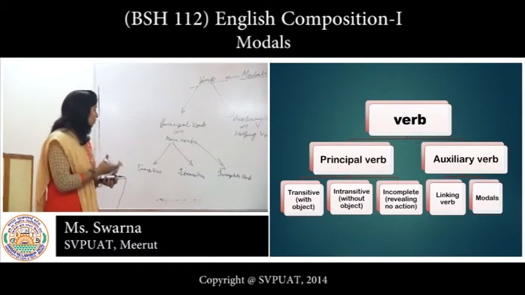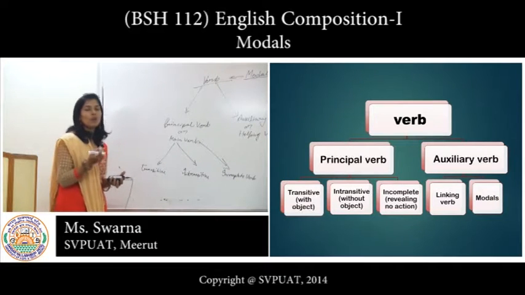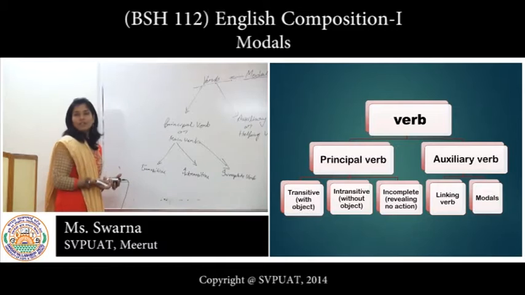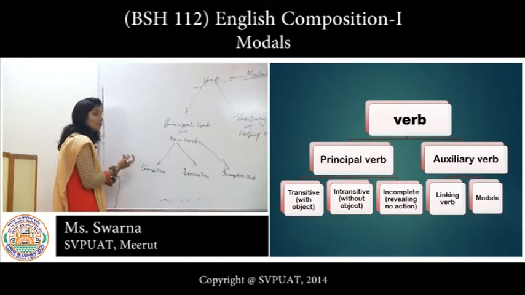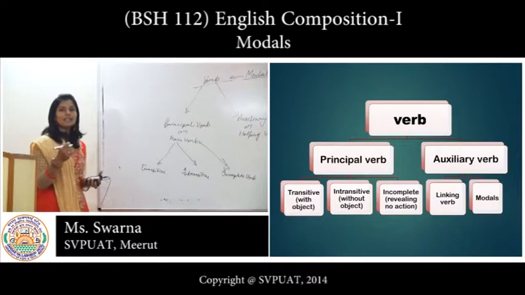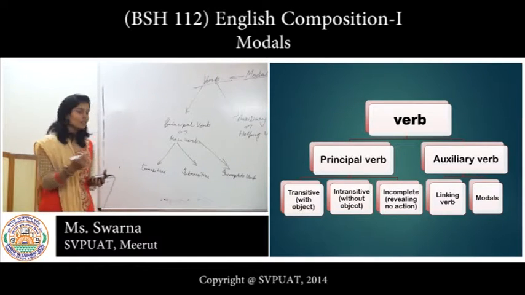So transitive verbs are the words of verb which are used with an object, which need an object. Like in the sentences, he writes a letter, he reads a book.